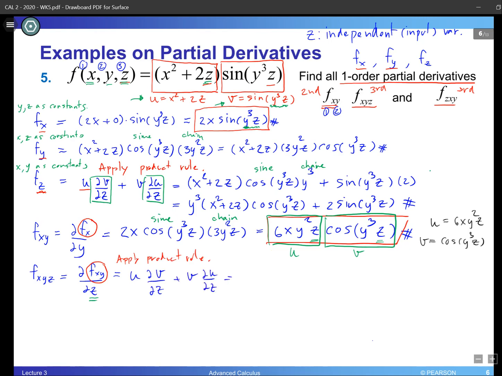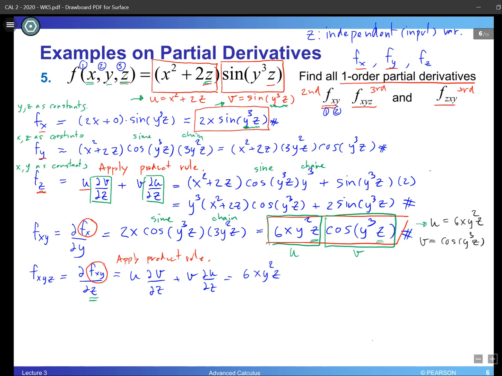Alright, so let's find them. U here is supposed to be equal to 6x y squared z right here, so I take it to here, 6x y squared z.